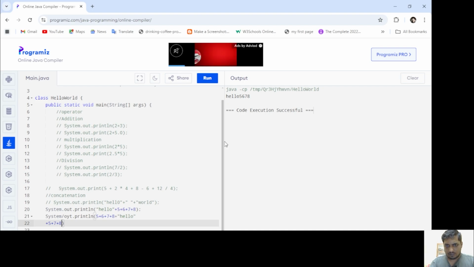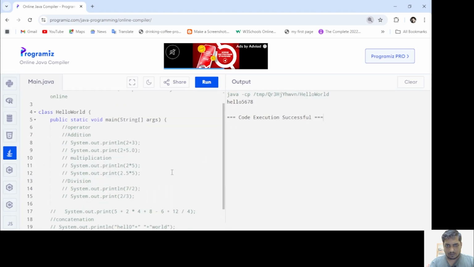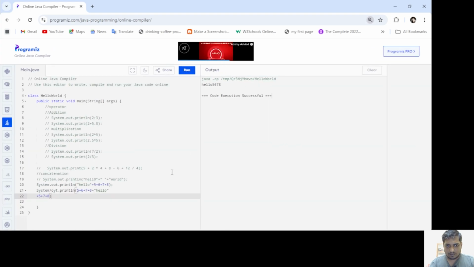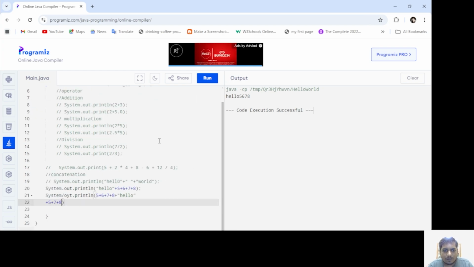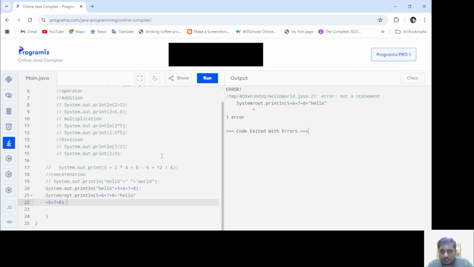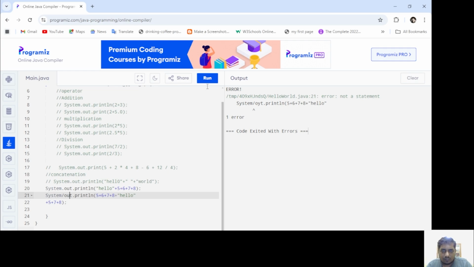Okay, here you see, so what will happen? See the result. In the second line, sorry, I write fast.